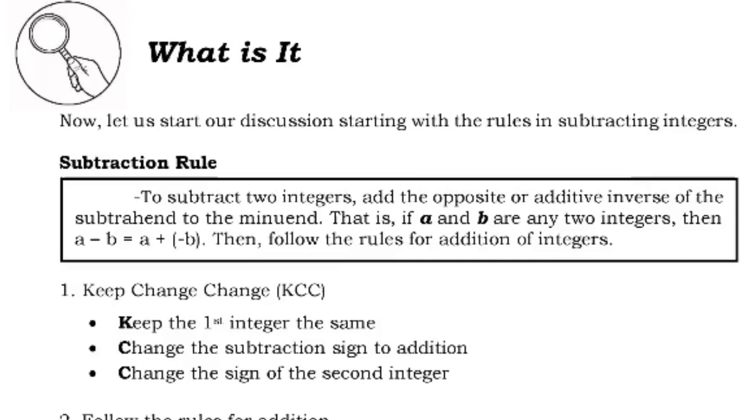Then follow the rules for the addition of integers. So number 1, Keep-Change-Change, or KCC. So keep the first integer the same. Then next, change the subtraction sign to addition. Then last, change the sign of the second integer.